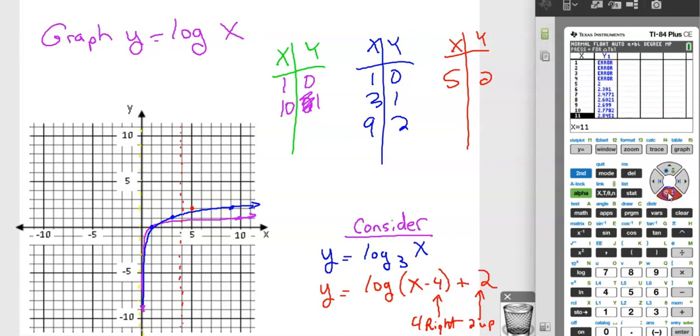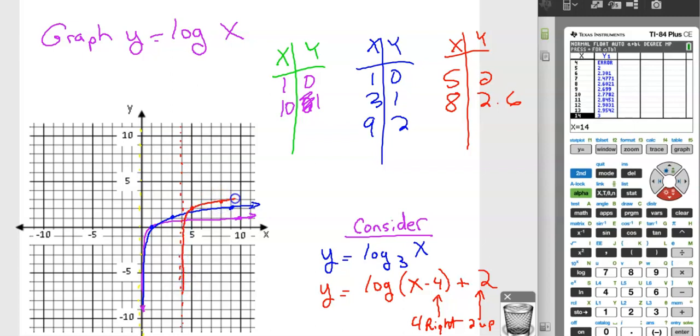I'm trying to find the 1. 14.3, that's too high, so let me just do 8. Again, you notice it always hugs right next to the asymptote. It starts really close to the asymptote, and then it goes further out as it goes away from the asymptote.